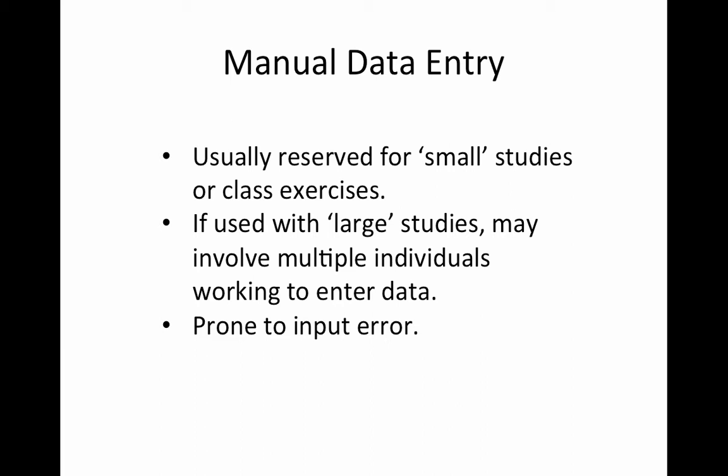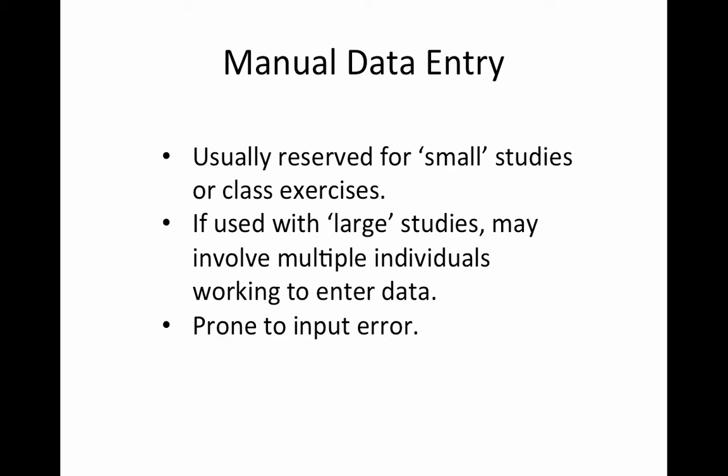We inadvertently hit an extra key, but it caused a value that simply cannot exist based on the scale that we were using. Likewise, we could have a situation where we inadvertently entered 8 instead of 5 because 8 is above 5 on the keyboard, and we hit the wrong number.